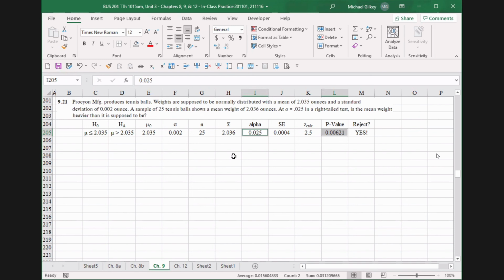Yes. And that's pretty good evidence. That might justify shutting down the production line to fix whatever the problem is, because that's pretty good evidence that we're not producing tennis balls that are at the right weight.